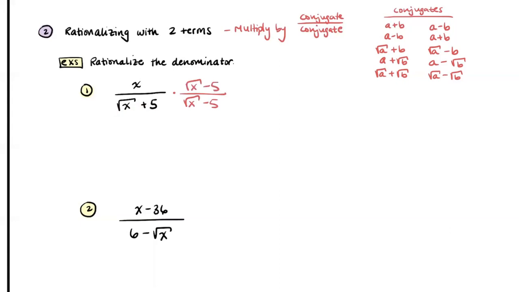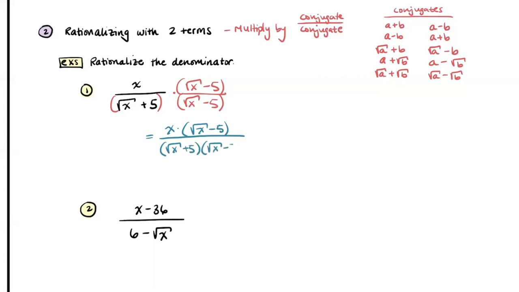Now be careful, we have binomials here, so two terms. When we're multiplying, we should really be putting parentheses around everything. When we multiply fractions together, we multiply their numerators and we multiply their denominators.